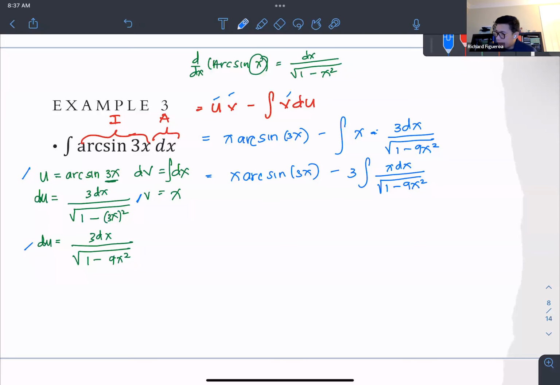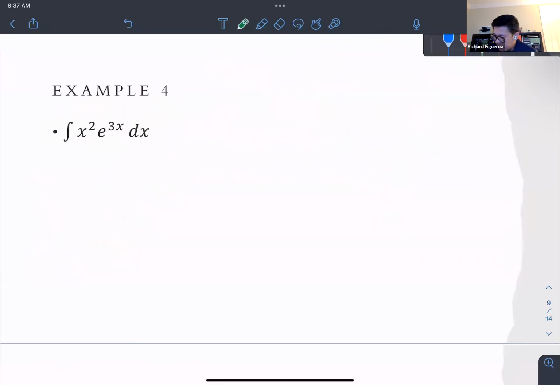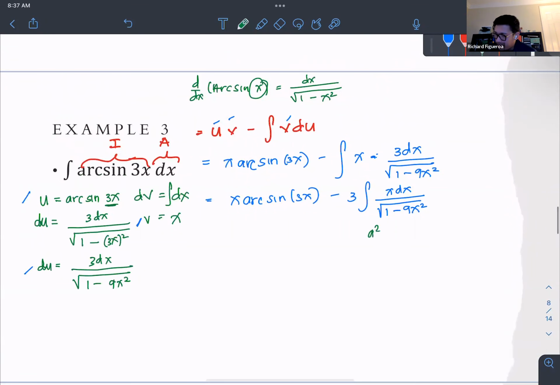Arc sine. So tingnan natin kung pwede bang arc sine dito. Hahanap lang tayo ng constant. So we need to identify which is a squared, which is 1. Ang u squared natin should be 9x squared. Tapos ang a natin, square root of 1 would still be 1. Then u, square root ng 9x squared, that will be 3x.